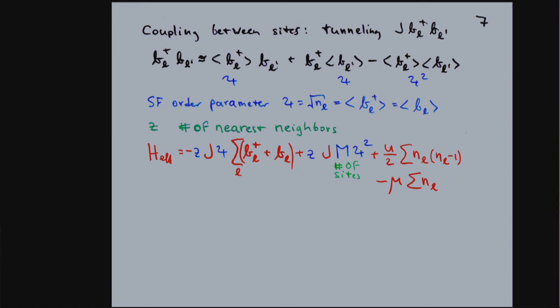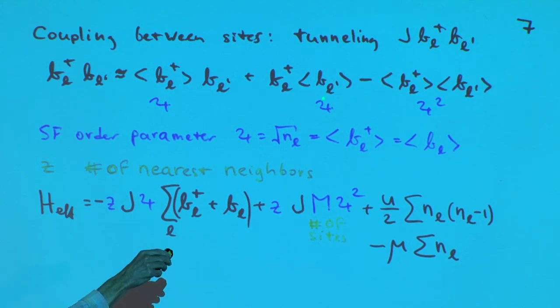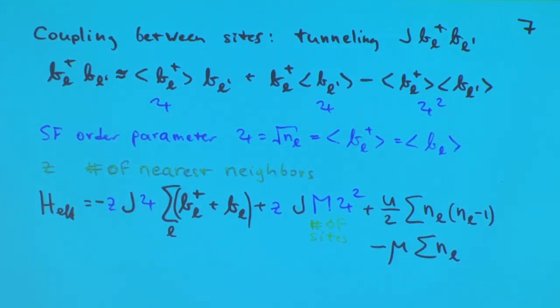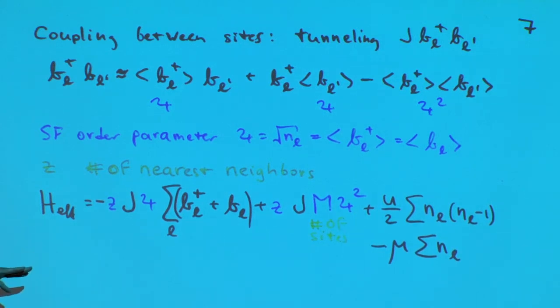The Hamiltonian had the interaction energy, but the tunneling term is now very simplified, because instead of tunneling from one site to a neighboring site, the other site is absorbed by the mean field, by the superfluid order parameter psi. And this gives me a psi squared term which appears here. Trust me, this is just an identical rewrite of the previous Hamiltonian using this decoupling approximation.